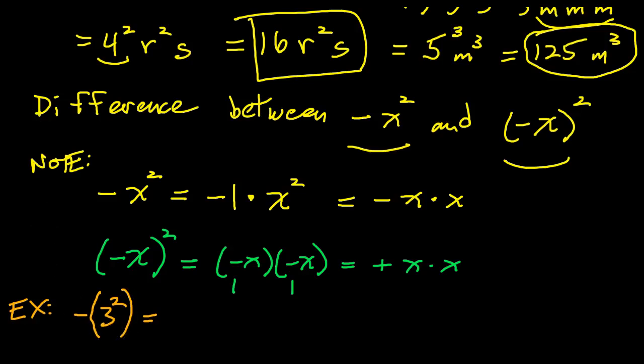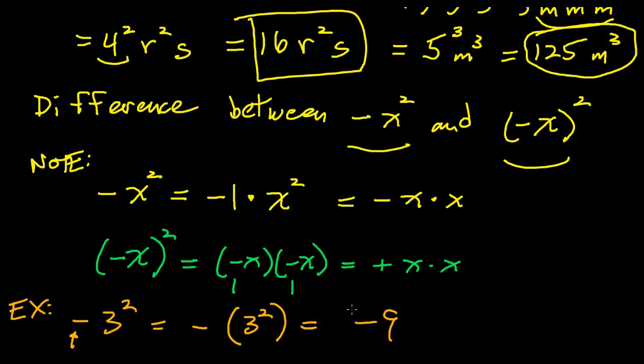Let me do that again. Minus 3 squared is really equivalent to the negative of 3 squared. That negative sign is outside the exponent operation. All right, and that will return a negative 9.